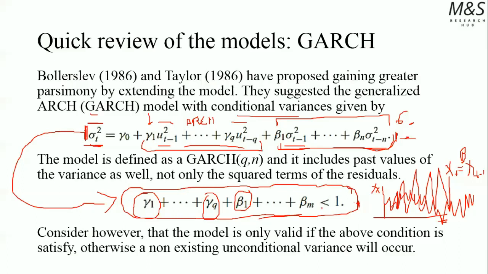Is it clear? Yes. It's clear. All right. In that case, where the coefficients are greater than 1, we have a non-existing unconditional variance. So the problem is we cannot model the variance if that happens, or we have to change our model, maybe include a bigger order of the ARCH terms, or maybe of the generalized terms. Maybe that would be some of the solutions.